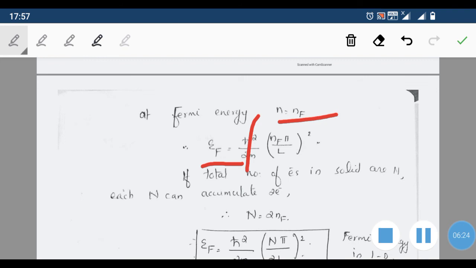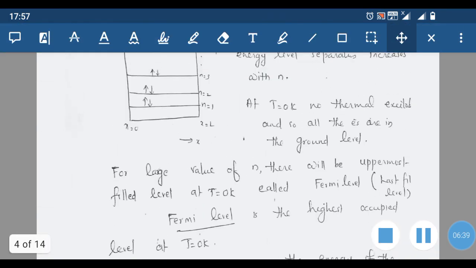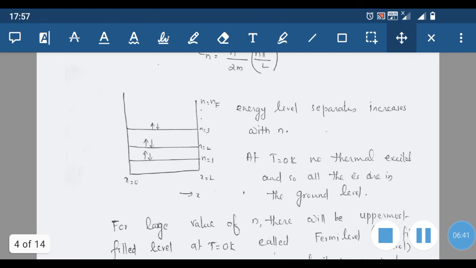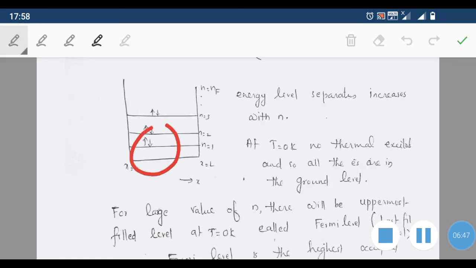If the total number of electrons in the solid is N, then each level can accommodate 2 electrons. Since the electrons obey Fermi-Dirac statistics, each energy level is occupied by 2 electrons, one in the spin-up state and the other in the spin-down state.